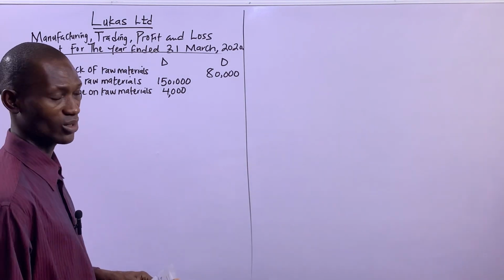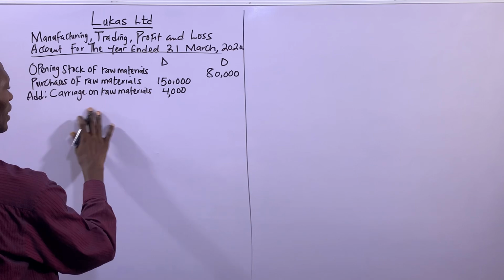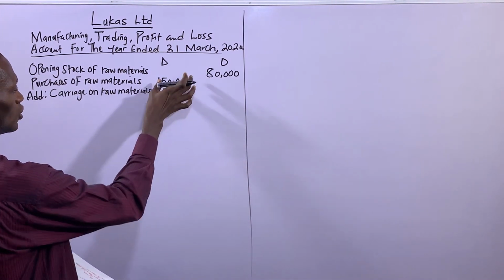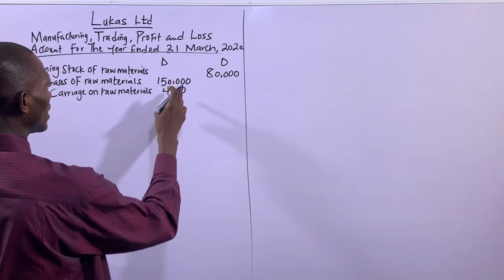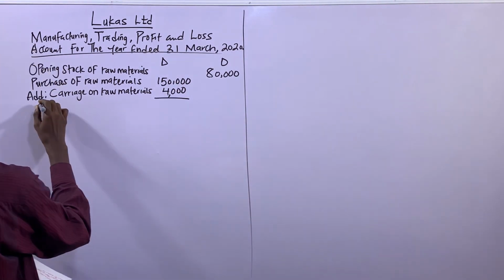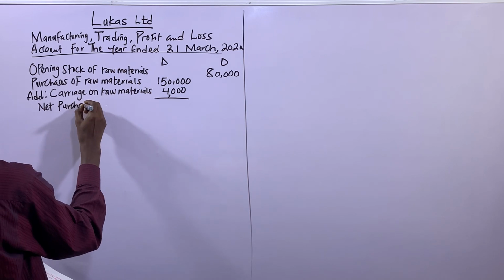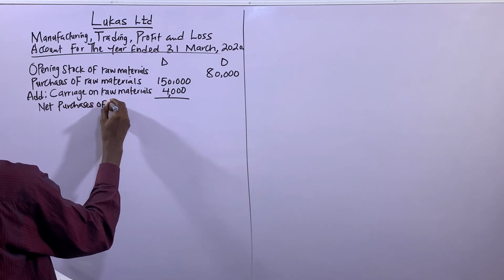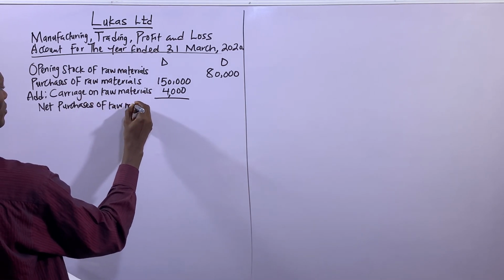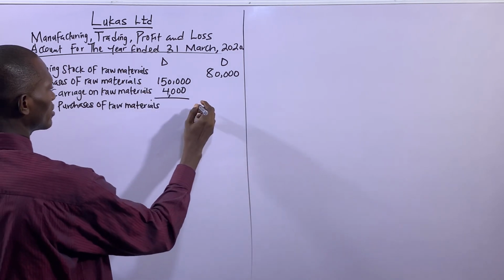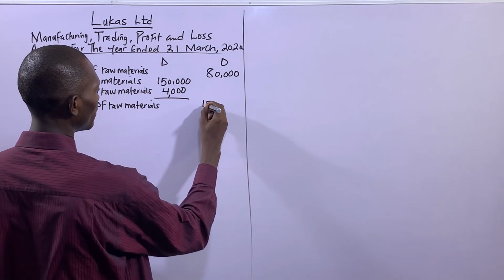If there had been returns, we would have brought that in. So now that there is no return, we just add these two, and that gives us net purchases of raw materials. This plus this gives us 154,000.